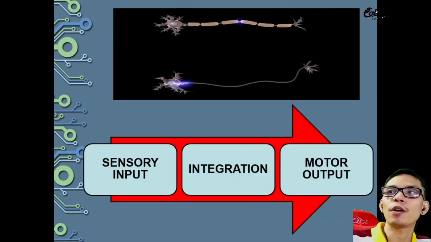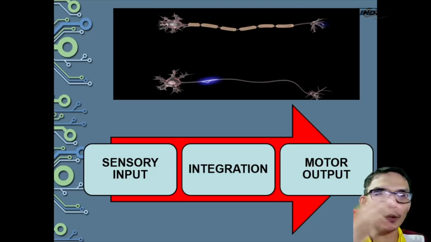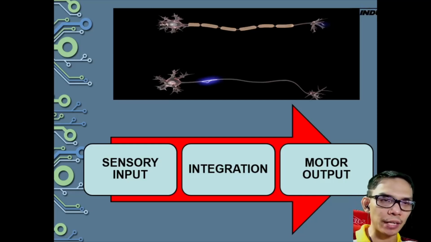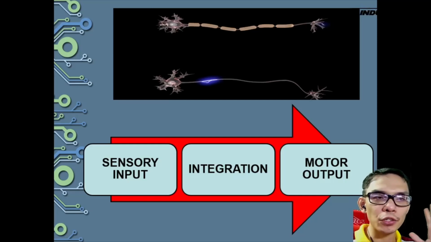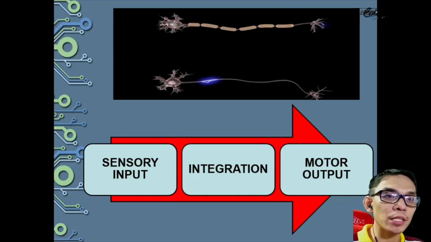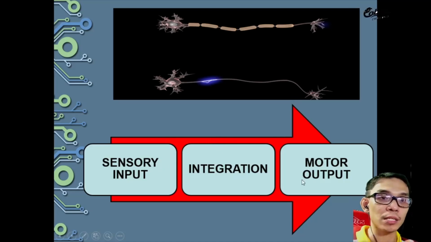Now, whatever kind of neuron it is, bipolar, unipolar, multipolar, sensory neuron, interneuron, or motor neuron, it still follows the same pattern: sensory input, integration, and motor output, just like we discussed in our previous video lesson.